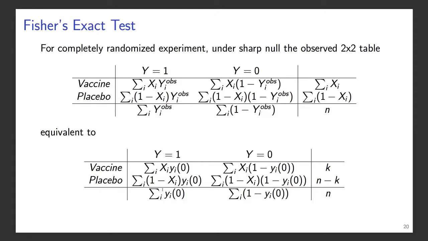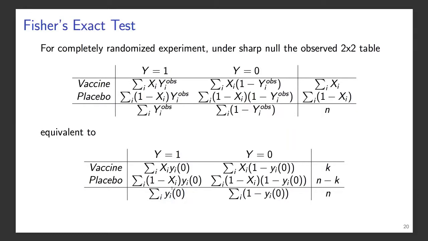The column totals here are fixed because we think of the potential outcomes, the y-naughts, as fixed features of the finite population. So there's nothing random in the margin totals, in the row totals or the column totals. And so if you pick a cell of this table, it will necessarily have a hypergeometric distribution.